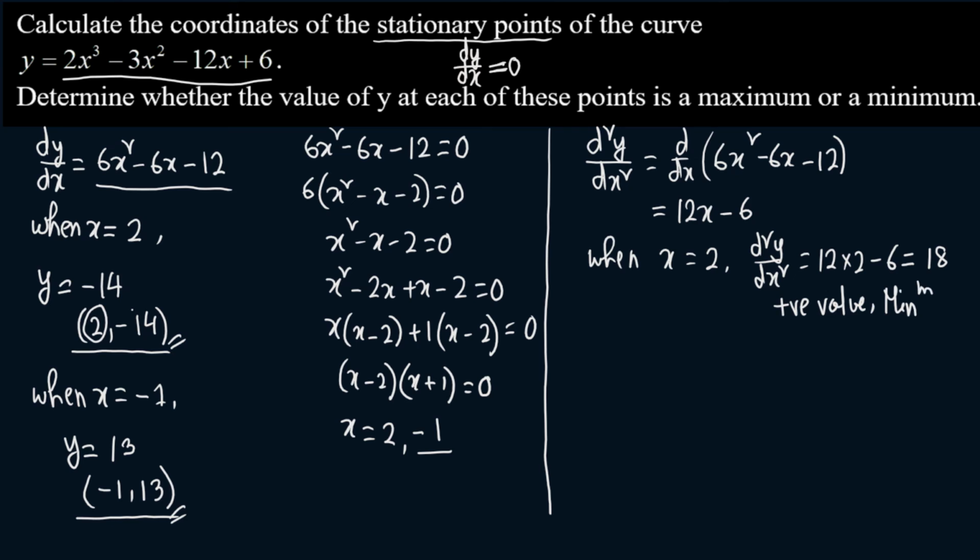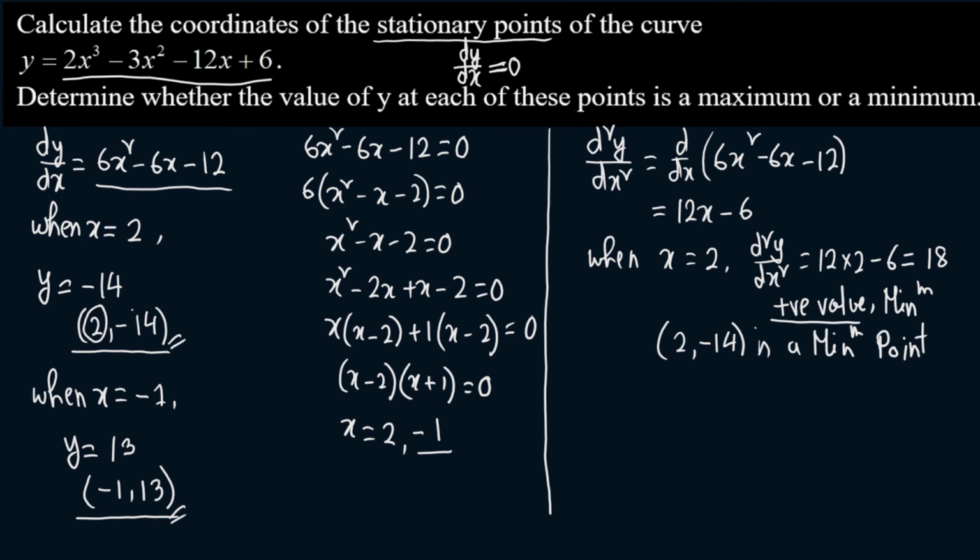This is our conclusion. So 2 comma minus 14, or the value y equals minus 14, is a minimum point, because we got the value positive.